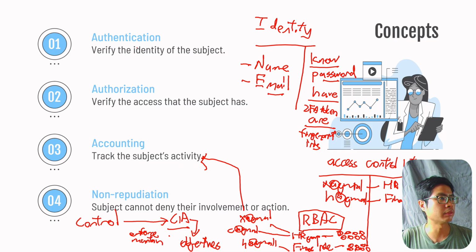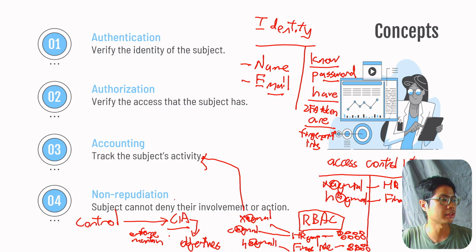For example, we authenticate X, make sure that X has the correct password and the correct two-factor authentication before we give him access. Then after we have given him access, we check authorization. So we check what files X has access to, and whether X is trying to access something that he is able to access. And if so, we allow the access.